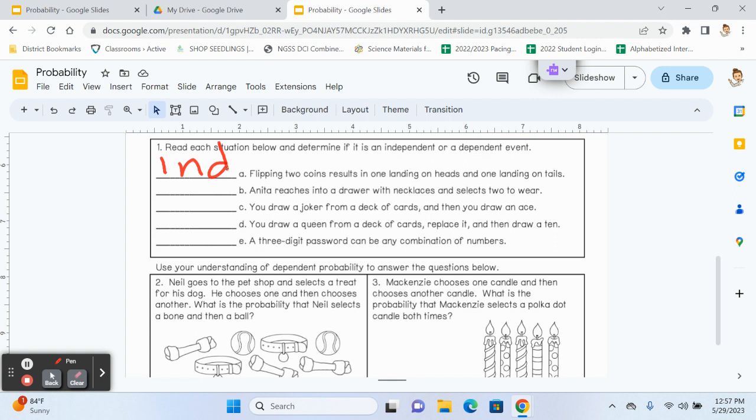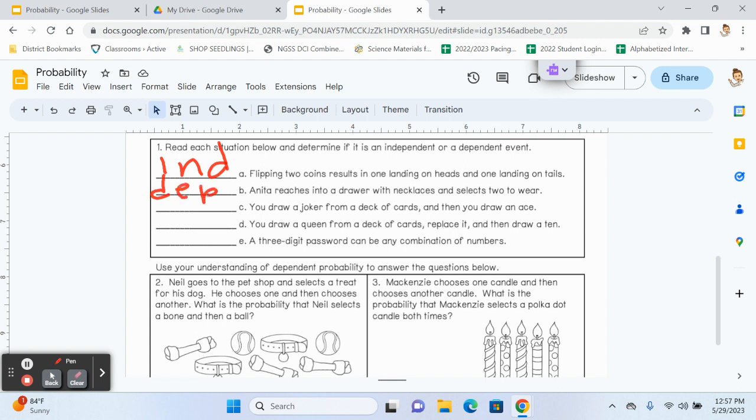She's going to choose one out of 5 and put that to the side. Now there's 4 left. Her second option would be 1 out of 4 because she didn't put the other one back to retry again. So that second choosing of the necklace depended on what she did the first time. So we're going to call that dependent.